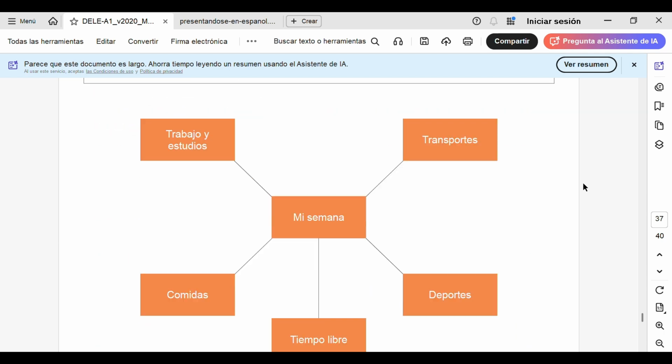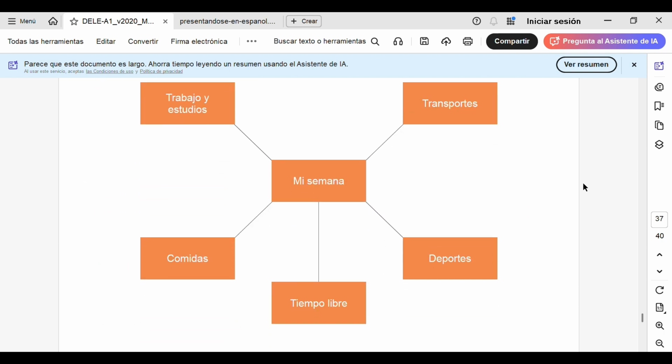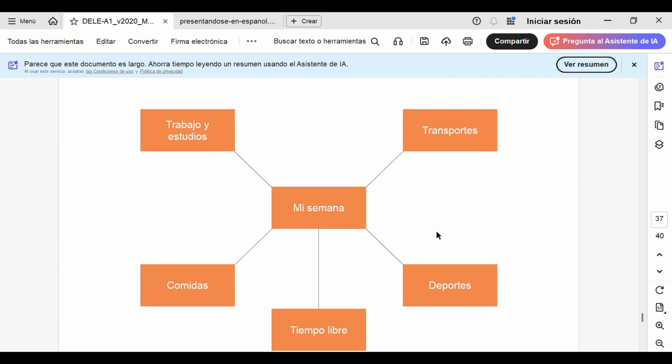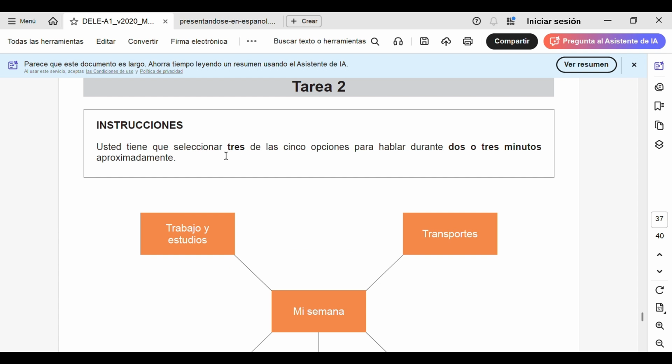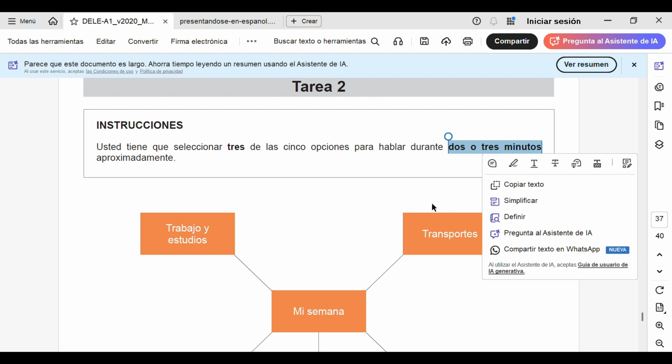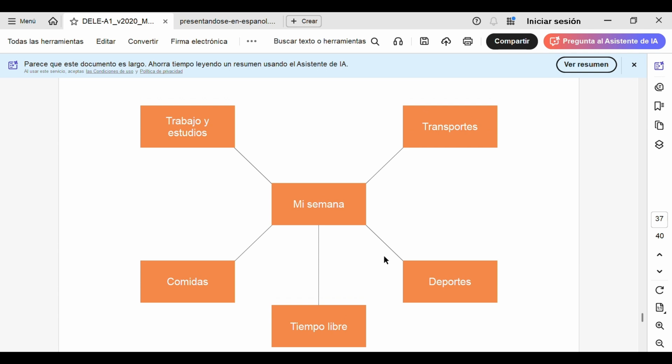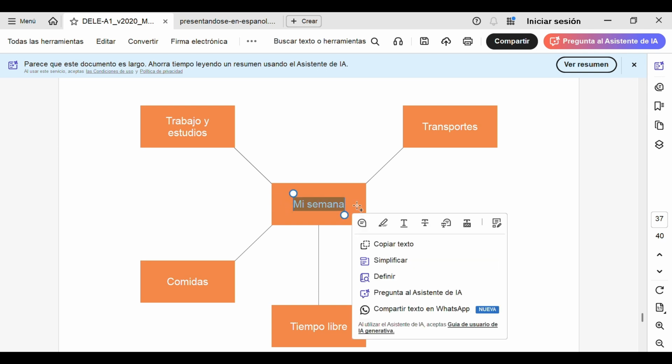So you will be given a paper like this with a main topic, and then you will need to choose 3 opciones, okay? 3. So remember, you will need to talk about 2 o 3 minutos.